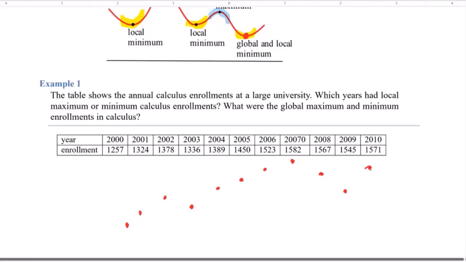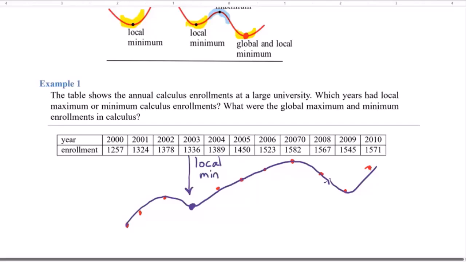And none of this is to scale. It's just giving me a kind of a shape. And I can even connect the dots here. Let's say I connect the dots. I can see that at this point, I have a local minimum.